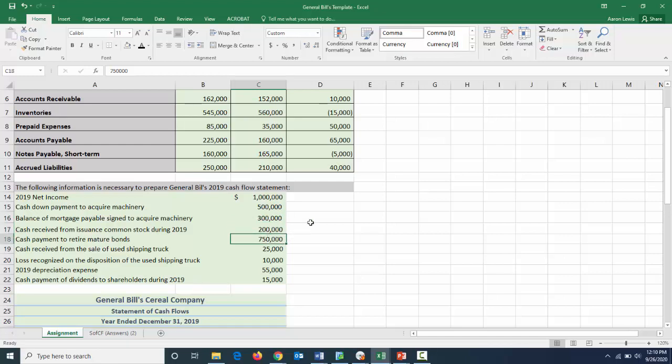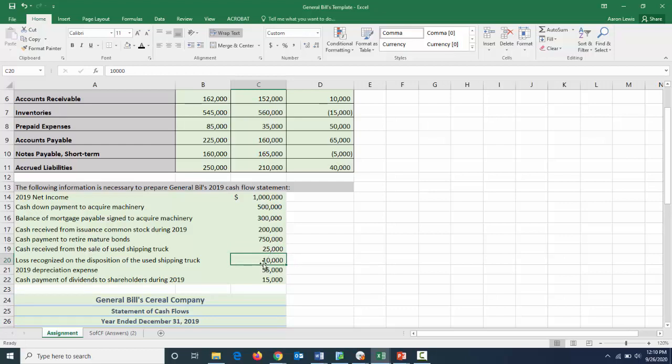We paid $750,000 cash to retire bonds that we had outstanding which had matured. So it's time to pay the principal back. We paid $750,000 to our bondholders to retire these bonds. We sold a used shipping truck, and we did so for $25,000. But the truck was worth more, according to our books, than that $25,000 that we sold it for.